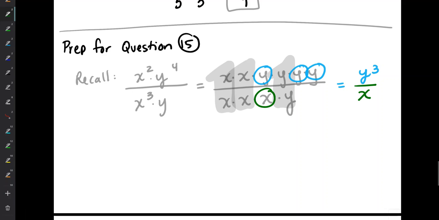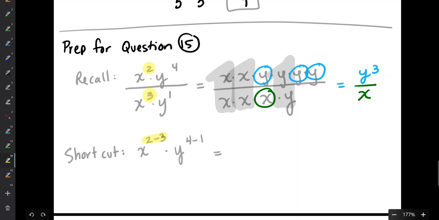Now, the shortcut is to have x squared over x cubed and say that that's x to the 2 minus 3. And y to the fourth divided by y, that's y to the 4 minus 1, remember, y is y to the 1. 2 minus 3, 4 minus 1.